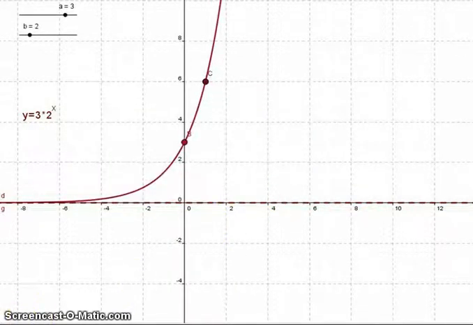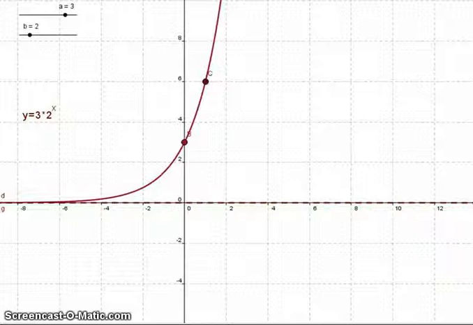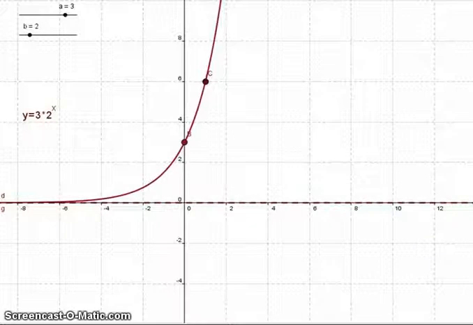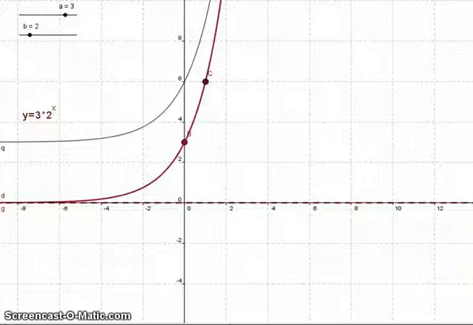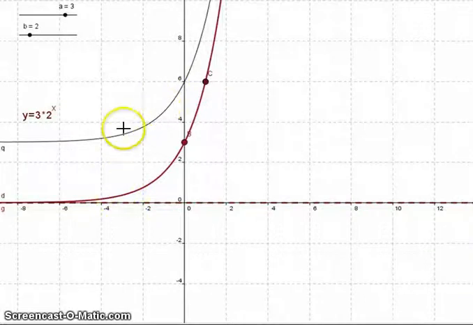Let me just write it down here. So y is 3 times 2 to the x. But then we're going to add, let's say, 3 at the end. All right. So there's that same curve, but now just shifted up 3.